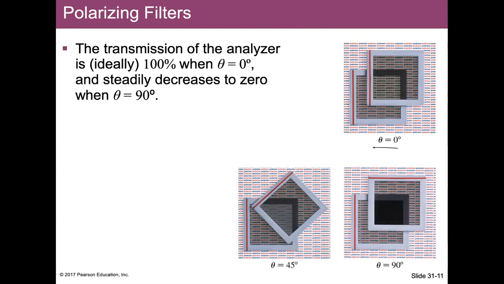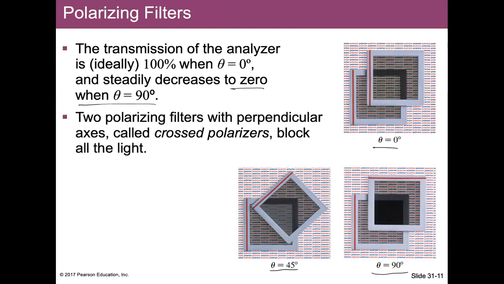The light is going through the first polarizer and then through the analyzer, and if theta equals 0, then all the light will pass through. It will steadily decrease to 0 when theta equals 90 degrees. Here we go to 45 degrees, we have less light transmitted, all the way to 90 degrees where no light is transmitted. So two polarizing filters with perpendicular axes, called cross polarizers, block all the light, like we see right here in this example.